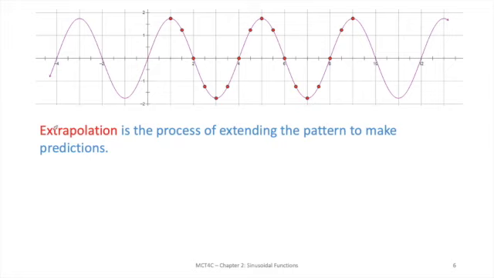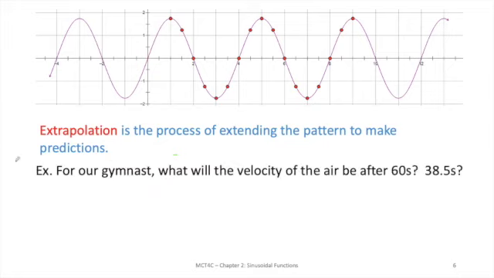Last one is extrapolation, is the process of extending the pattern to make predictions. So here we have our gymnast, and we're in the process of extending the pattern to make predictions. So we are going to find, for our gymnast, what will the velocity of air be after 60 seconds or after 38.5.